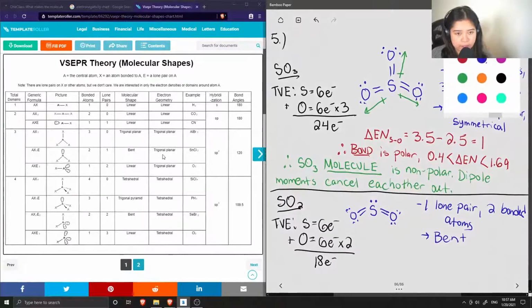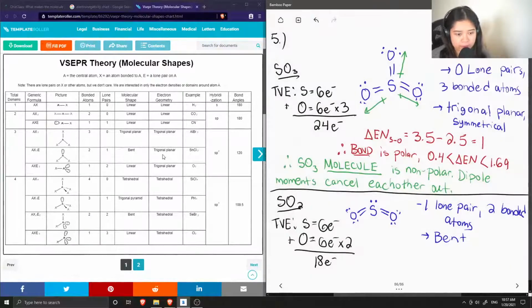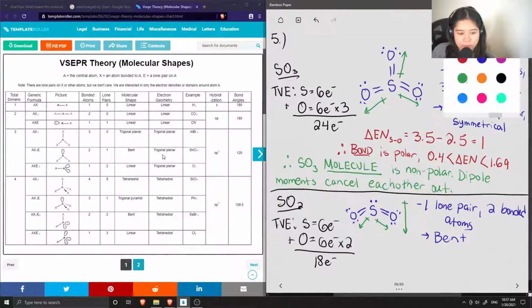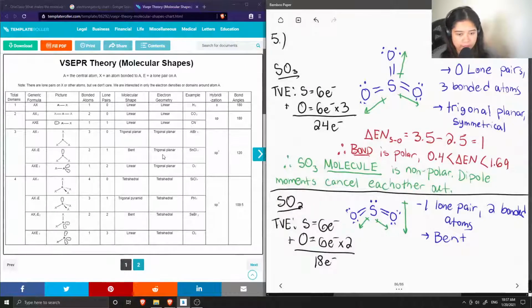If we draw the same dipole moments going towards the oxygens, since oxygen is more electronegative than sulfur, you can see that there is a net dipole moment going towards the oxygens. This time they aren't cancelled out, and therefore this molecule is polar.